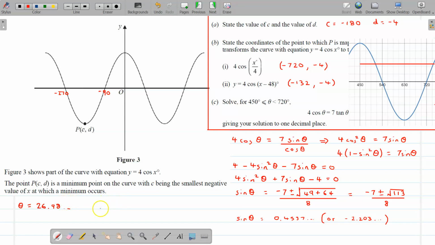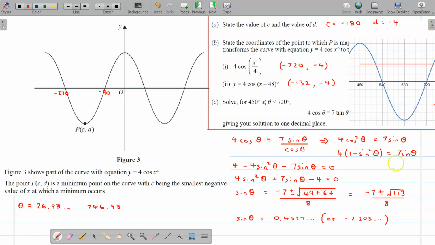Now I know that it also equals 360 plus that or 720 plus that, so it could easily be 746.98, because basically the sine graph restarts, if you like, every 360 degrees. Now we've got 720 on our little sketch.